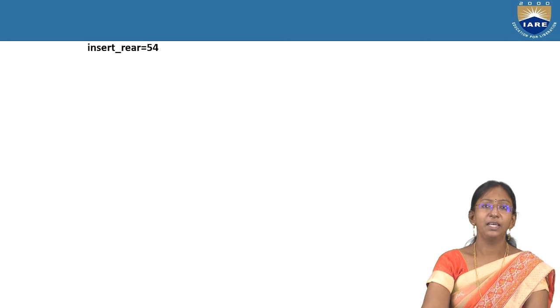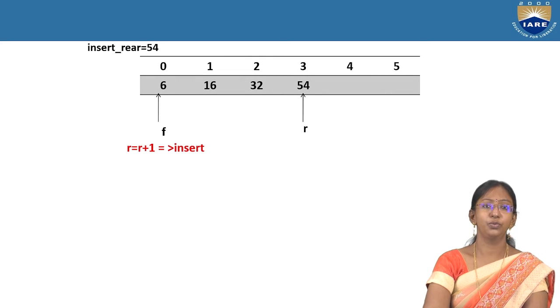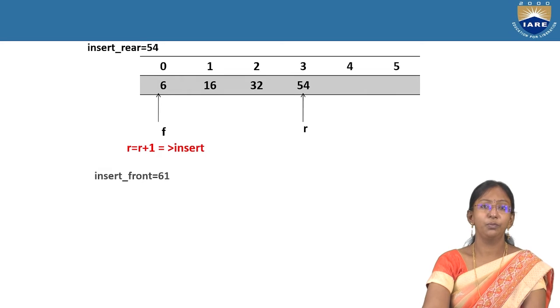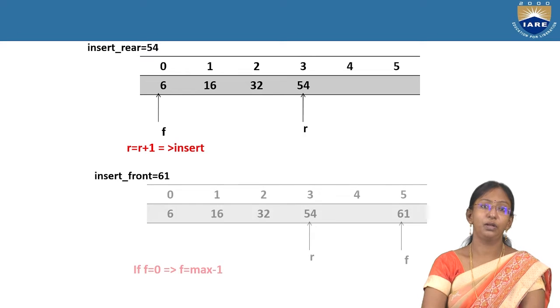Next, again an insertion at the rear end, 54. Incrementing the rear end, you are going to insert the new value. What if you want to insert a value at the front end? Front end is pointing to the least index value, that is index value 0. What to do now?